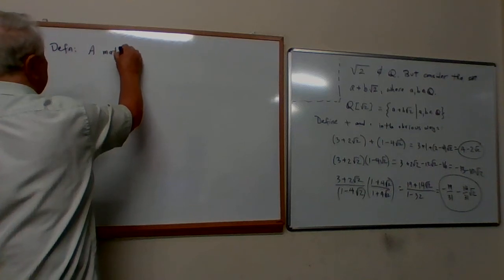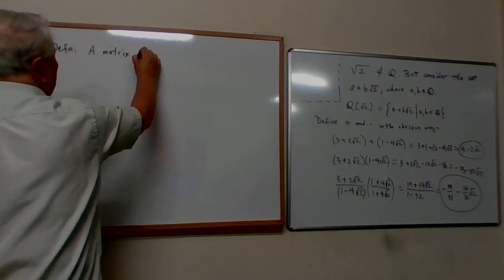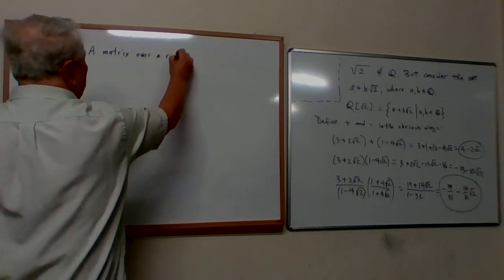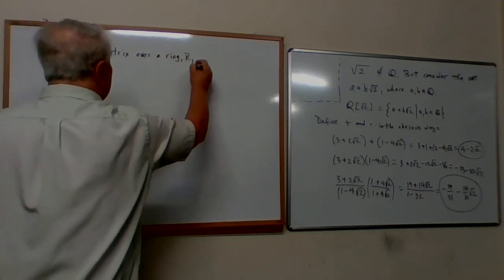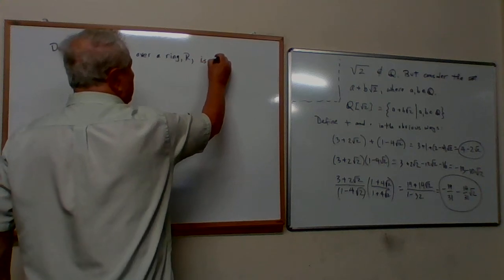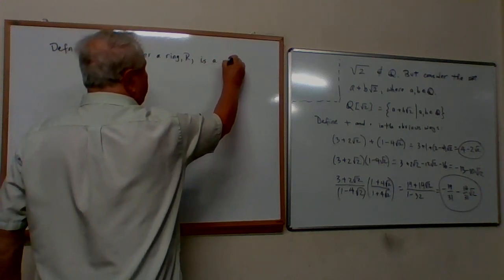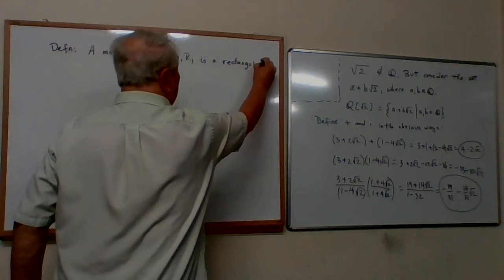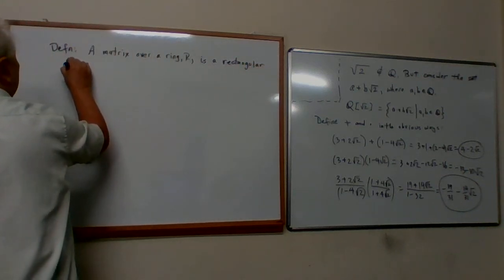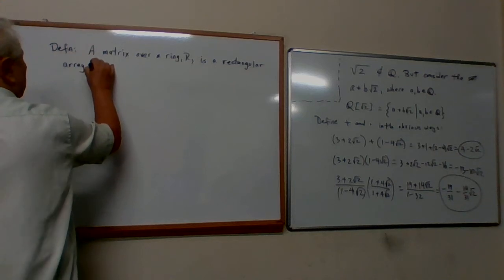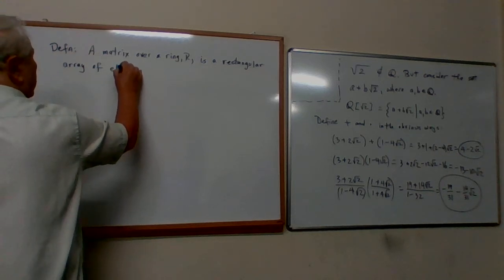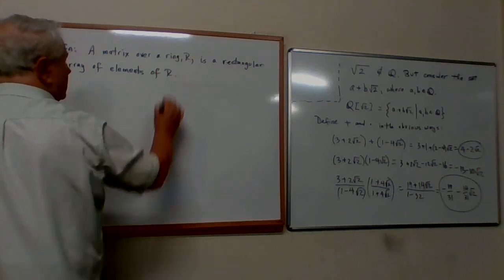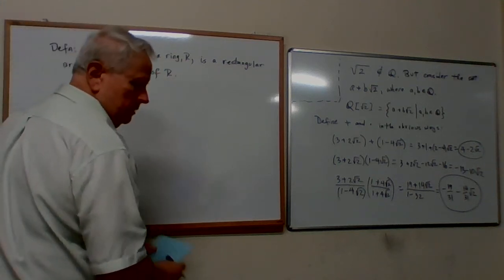A matrix over a ring R is a rectangular array of elements of R. Well, that was easy to say.